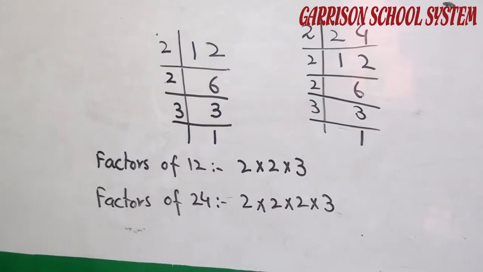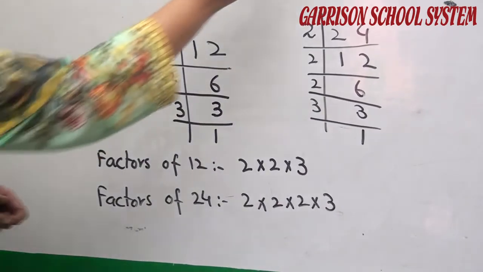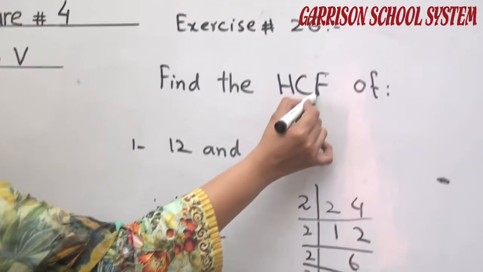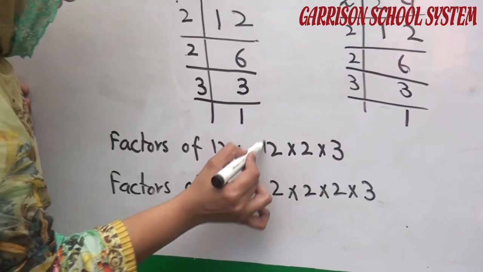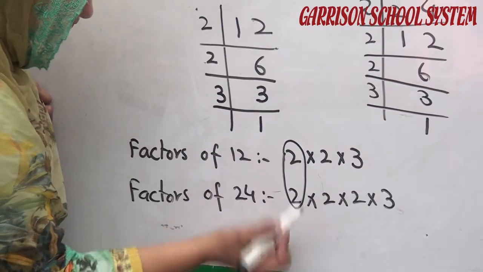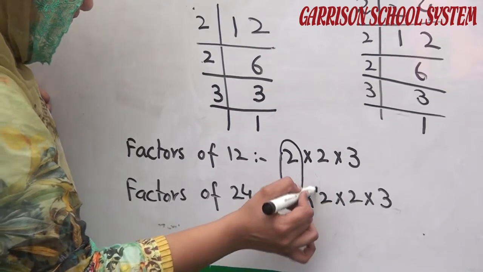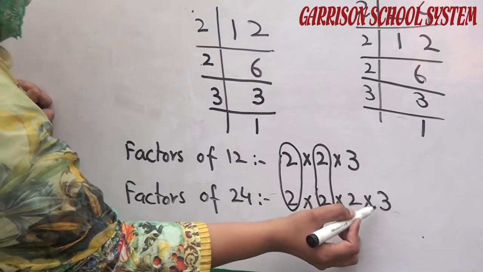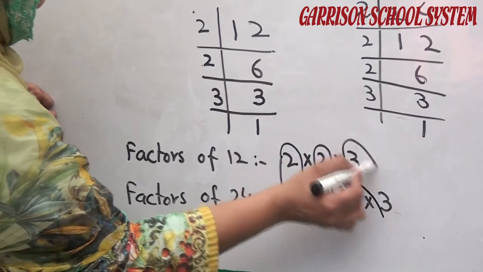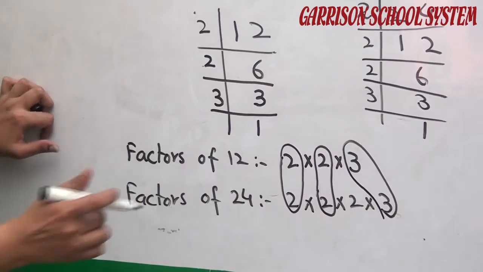Now the second step: we have found out the factors, now we will find out the common factors. Which is common? We can see 2 is common. Again 2 is common. Again, 3 is common.